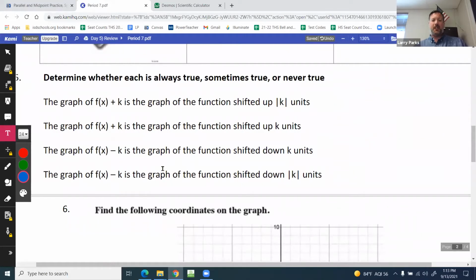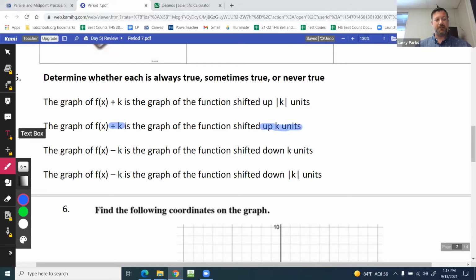Determine whether each is always true, sometimes true, or never true. So if you have f of x plus k, remember we said plus k means it goes up k units. So that's always true.